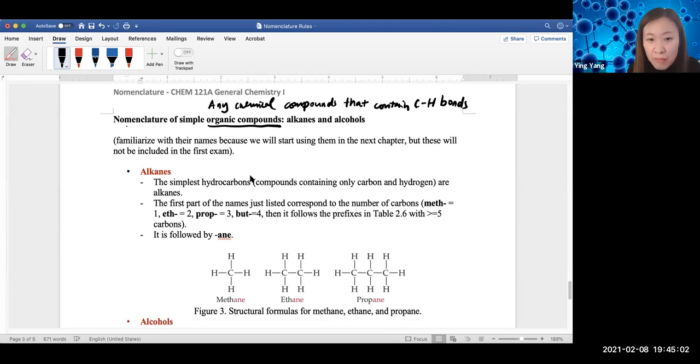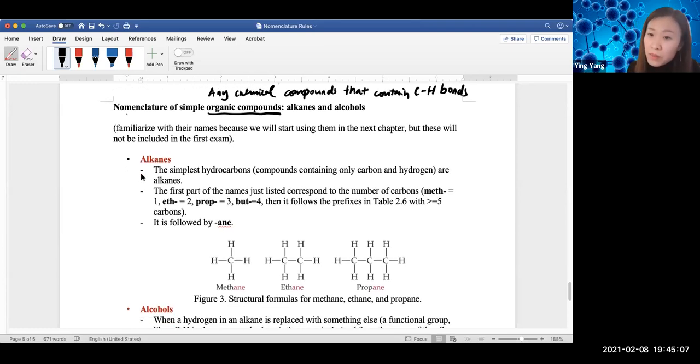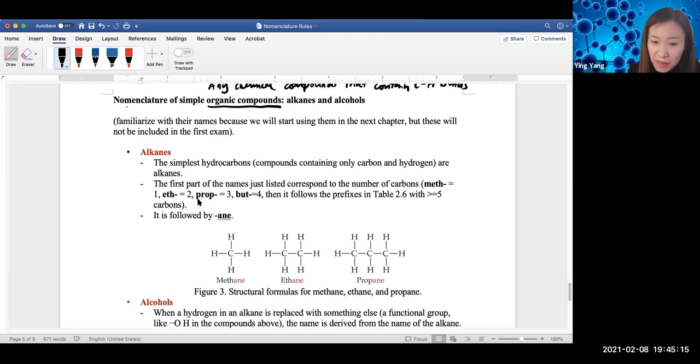And among organic compounds, alkanes are the simplest form because they only contain carbon and hydrogen. For their names, here we show a few different examples: methane, ethane, and propane.